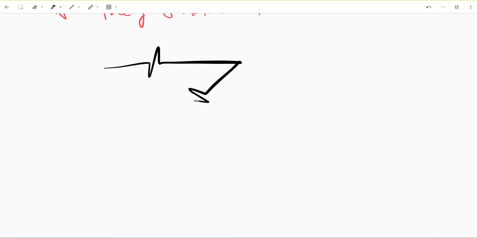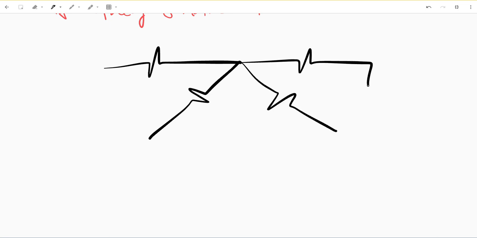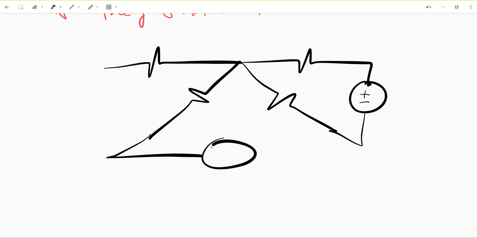So from our previous example, I'll write it out without writing out the values of the resistors or the values of the supplies, the voltages, just so we can see it.